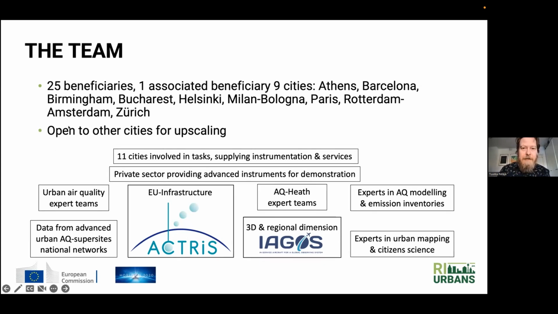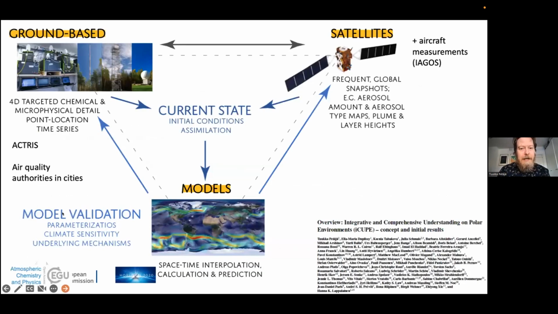I would see that as a bidirectional collaboration, where all the parties learn from each other, and hopefully we have at the end a better view of the air quality within cities.